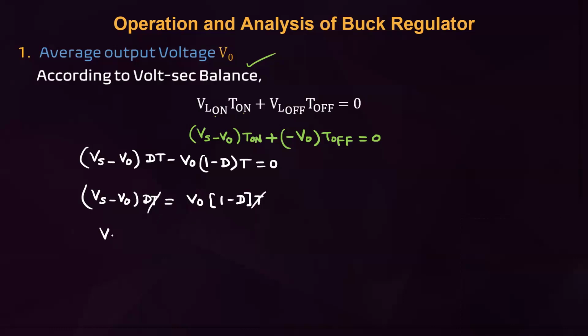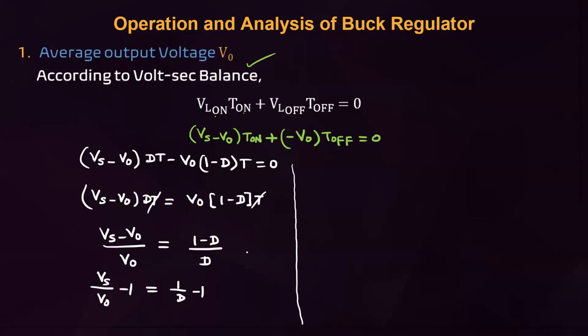Bring V0 to this side: Vs minus V0 by V0 equals 1 minus D by D. Dividing with V0: Vs by V0 minus 1 equals 1 by D minus 1. From this, the minus 1 cancels. V0 by Vs equals D. What is V0 equal to?